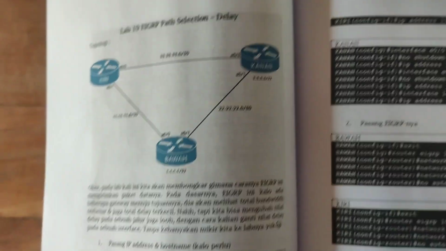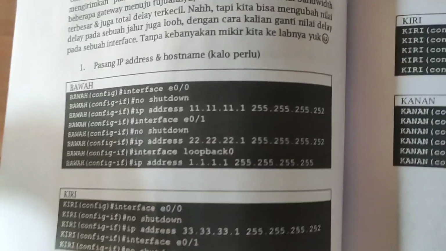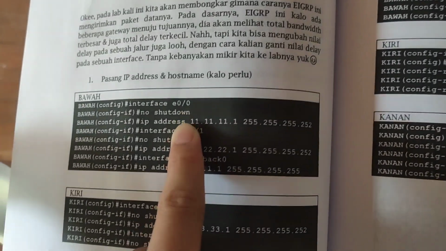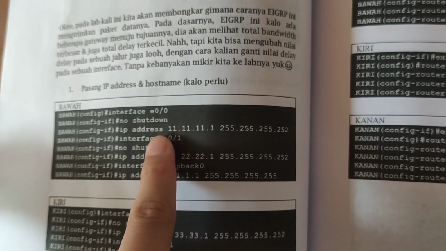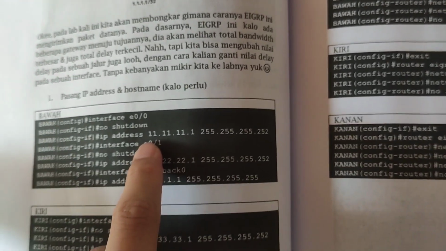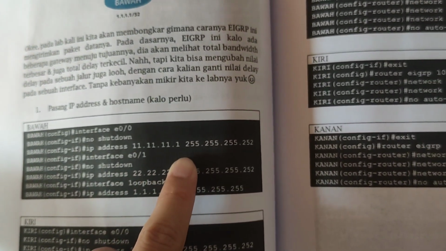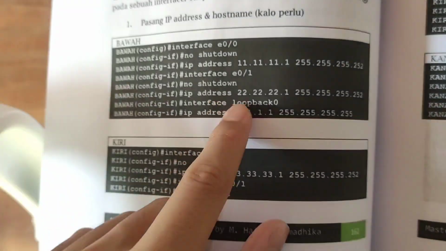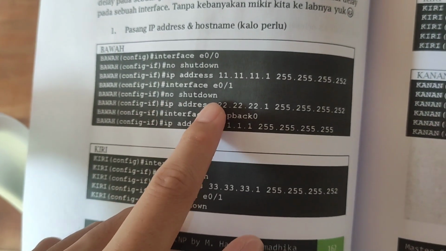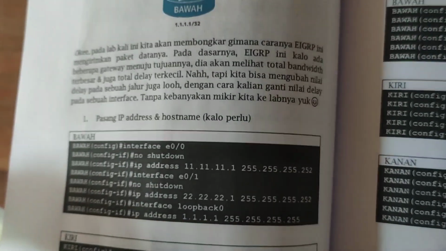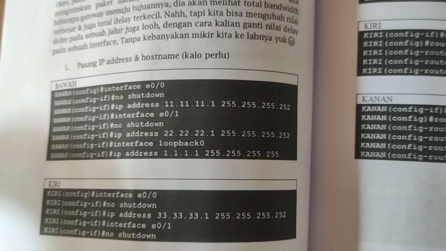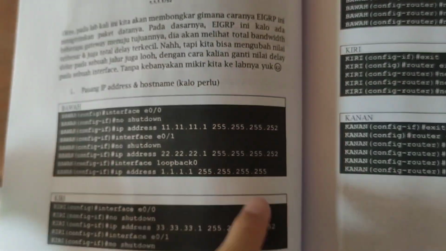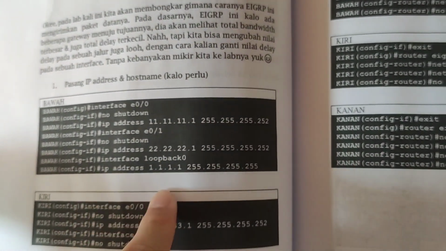You can see. Okay, let's make the configuration. The first is you can enter interface Ethernet 0/0, and then no shutdown, and then IP address 12.11.1, with the subnet mask. And then interface Ethernet 0/1, no shutdown, and then IP address 20.1 and the subnet mask, and then interface loopback 0 with an IP address.